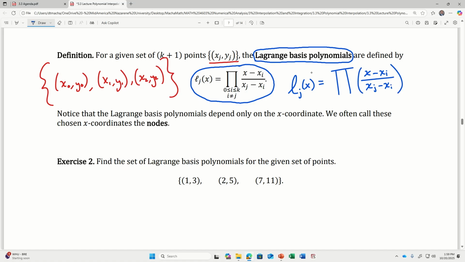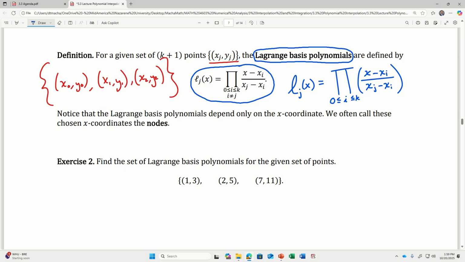And the i's include 0 and they include k. And the i's include every whole number between 0 and k. So in other words, there's going to be k plus 1 factors in this product. And as soon as I said that, I knew I said it wrong.